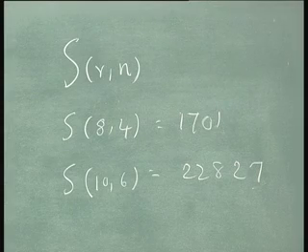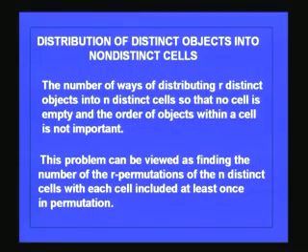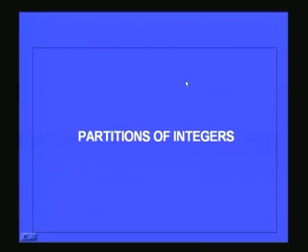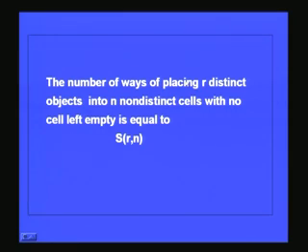So, what we have just considered is distribution of distinct objects into non-distinct cells. So, if you want to distribute r distinct objects into n non-distinct cells with no cells left empty, the answer is given by the Stirling number, which is denoted as S(r,n).